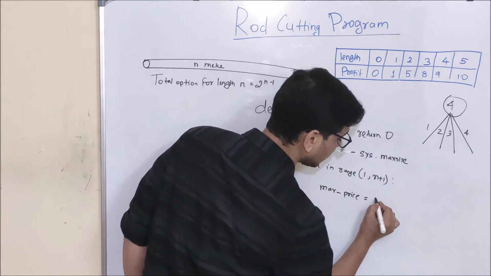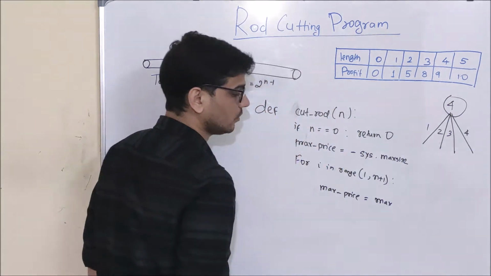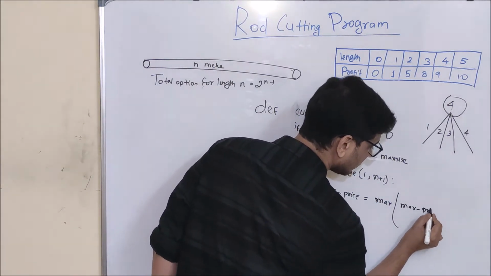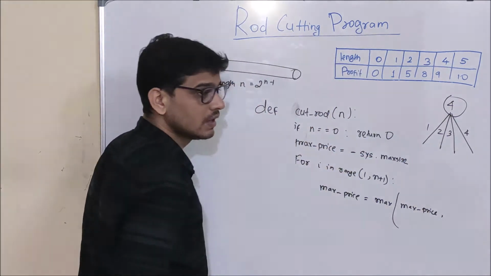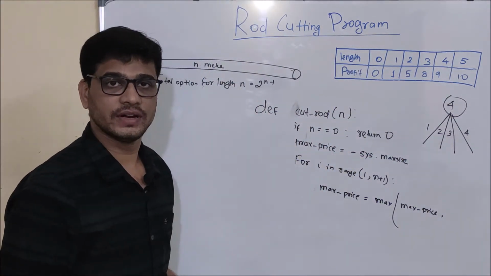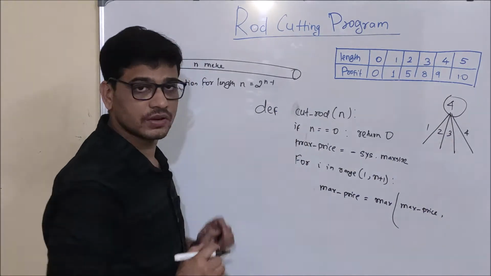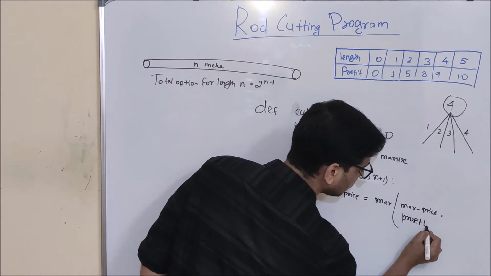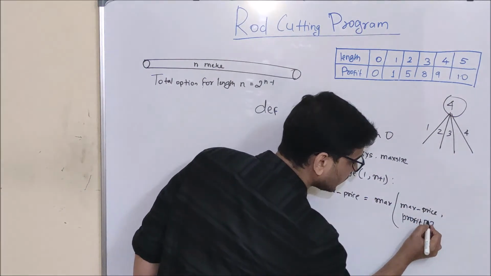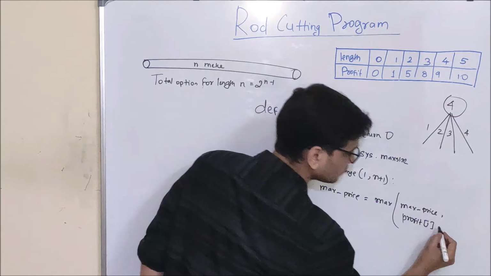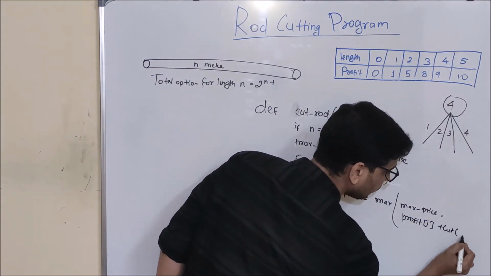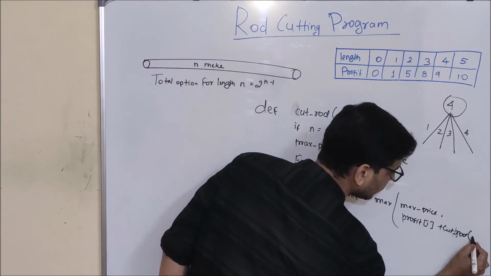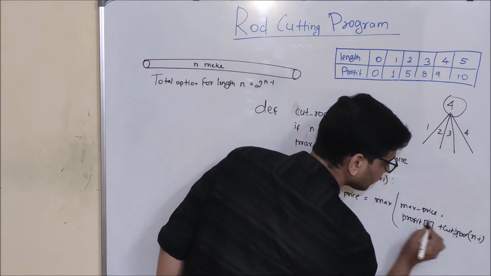Our max price variable will be the max between itself, max price, and the profit which I can generate from a cut of length i, that is profit of i meter cut, plus the profit after cut rod of n minus i.